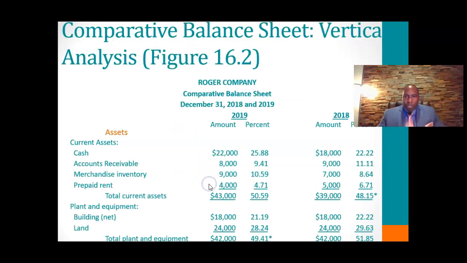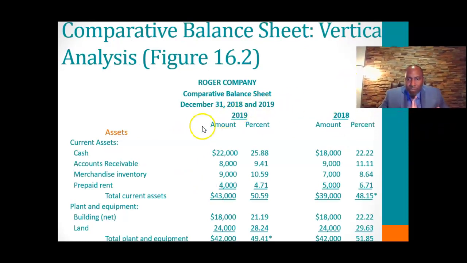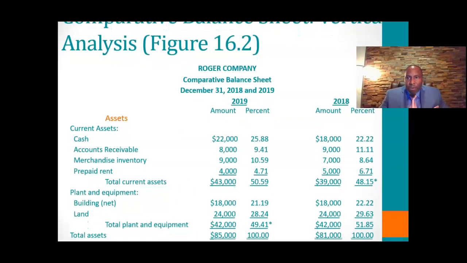So let's take a look at what's called the vertical analysis of a balance sheet. What you see up top would be all of your asset accounts. This is 2019 and 2018. We like to compare data from one accounting period to the next to see whether we're improving, if things got worse, or what's the situation going on with our company.